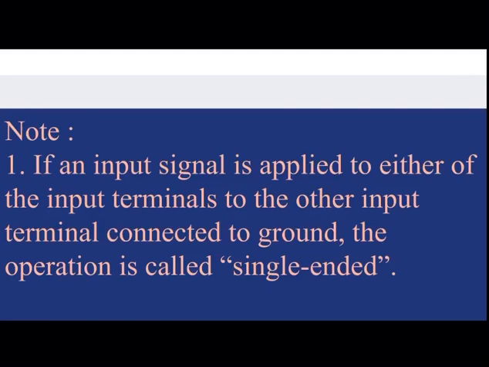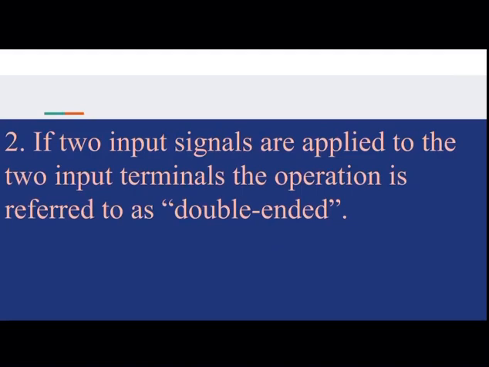So the output obtained is derived from both the collectors. Then if two inputs are applied to the two input terminals, the operation is referred to as double-ended. In double-ended operation, the difference of the inputs applied to the two input terminals drives the transistors, and the output obtained is driven by both the collectors.